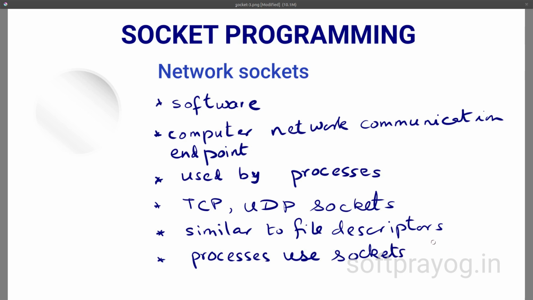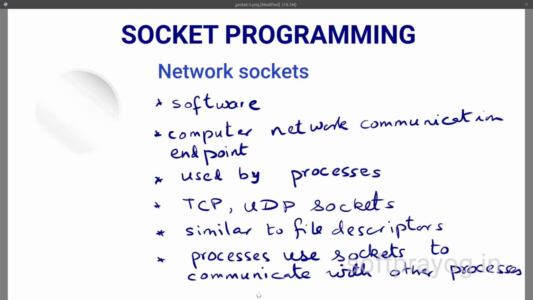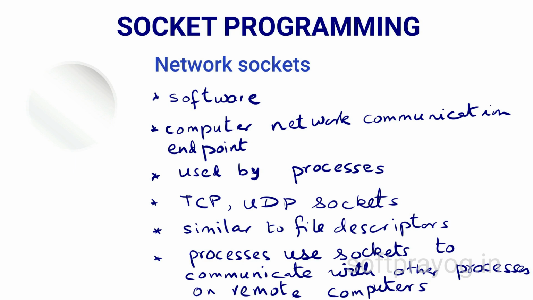Since network communication is complex, there are specialized calls for communicating over sockets. Sockets are created and configured by processes to communicate with other processes on other computers, which may be in different buildings or different cities or even in different continents. The only requirement is that they must be connected to the internet and be willing to communicate.